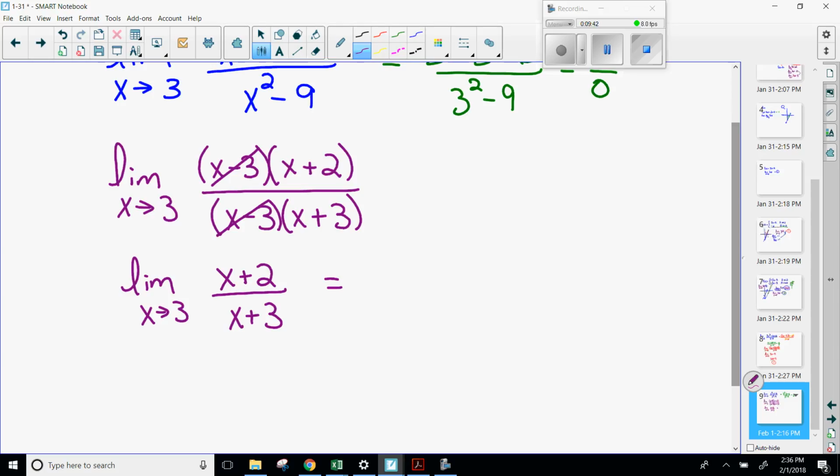And if I substitute in, what are you going to get? 5 over 6, and there's your answer. 0 over 0: only factor if you get 0 over 0. If it just equals a number, then that's your answer.